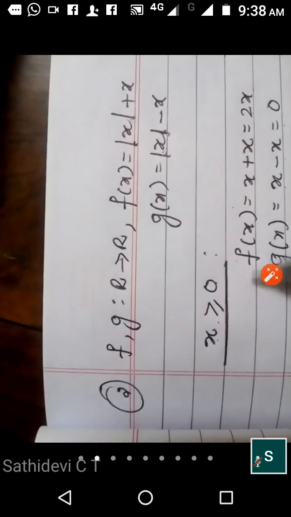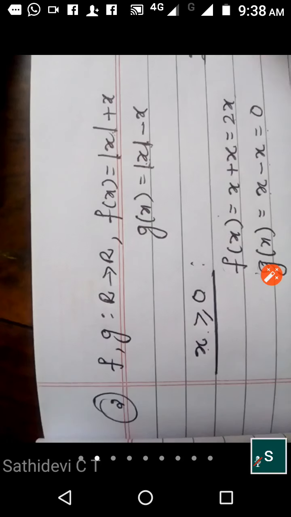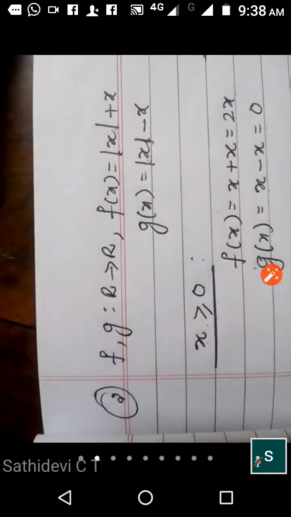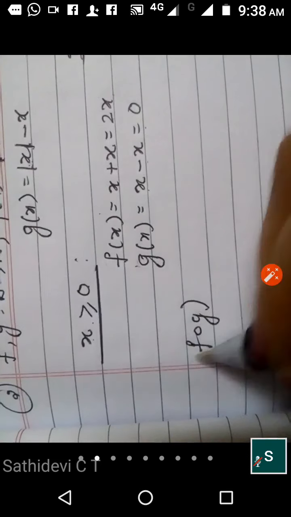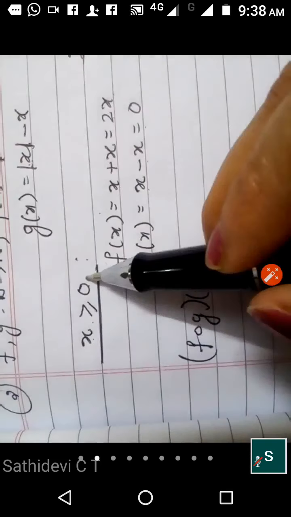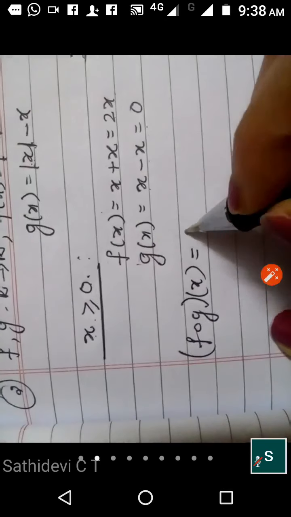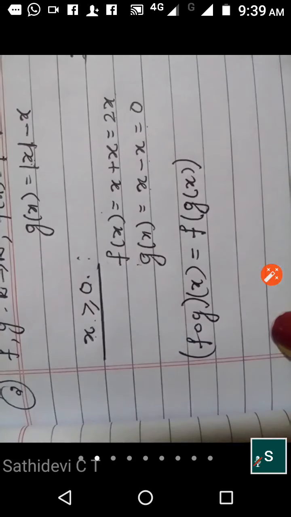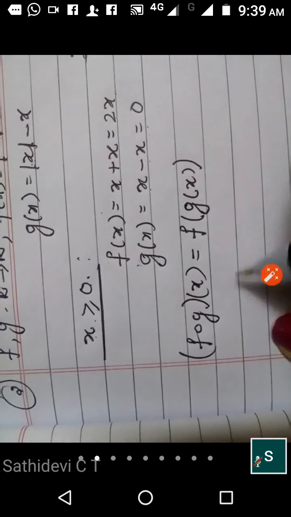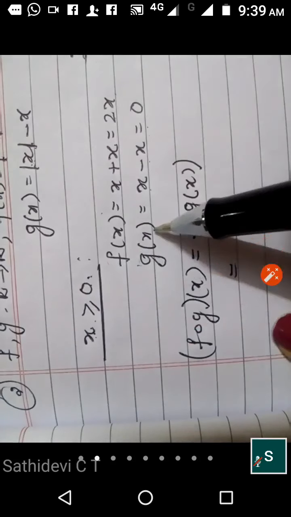So in this case, suppose we are going to find out f composite g. F composite g operator on x, where x is greater than or equal to 0. Here, this is f of g of x. Now you look at g. When x is greater than or equal to 0, what is our g of x?